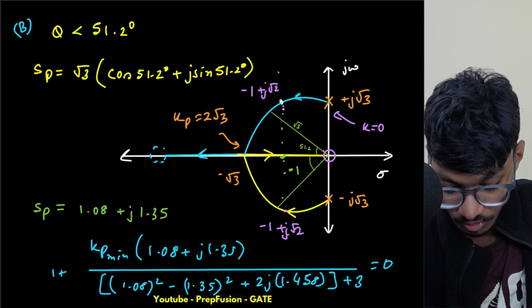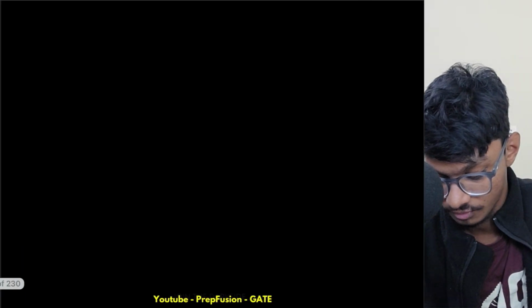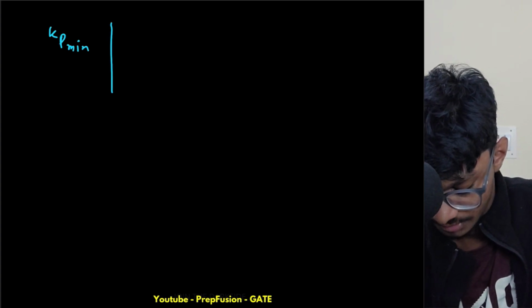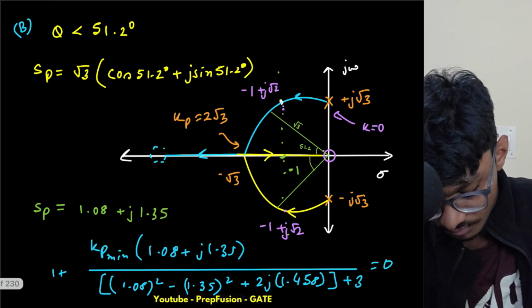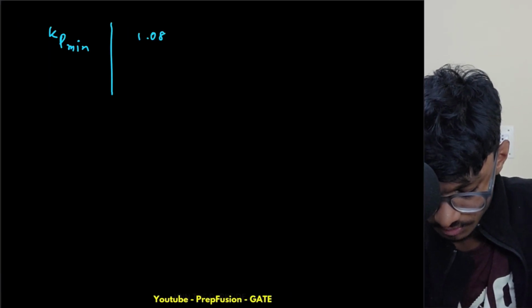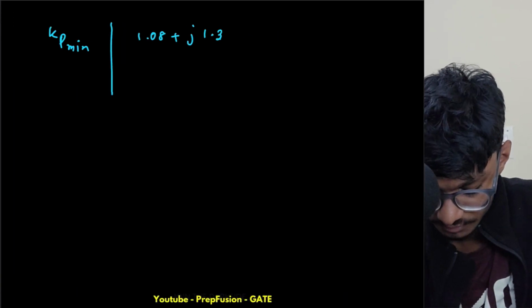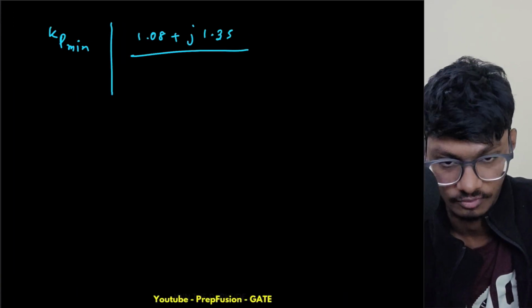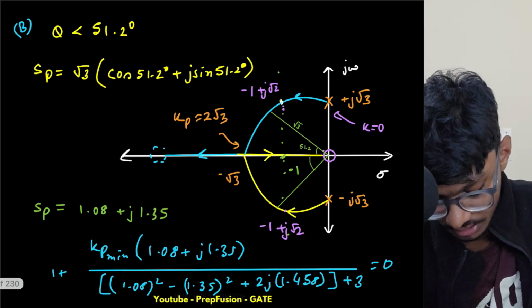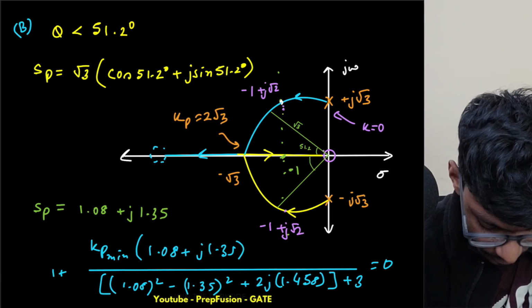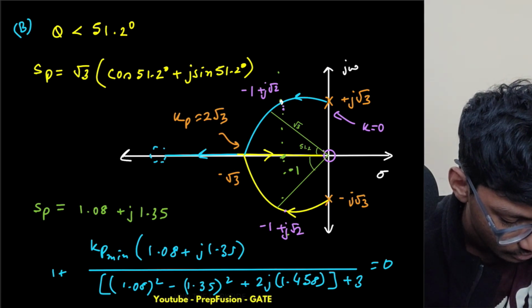What you can do is use the magnitude condition, the magnitude of this whole thing, the kp minimum. As this lies in the root locus, I can use the magnitude condition. Magnitude of this, 1.08 plus j 1.35, is root 3 itself. We know this because obviously it was derived from there. Let me do this 1.08 whole square.